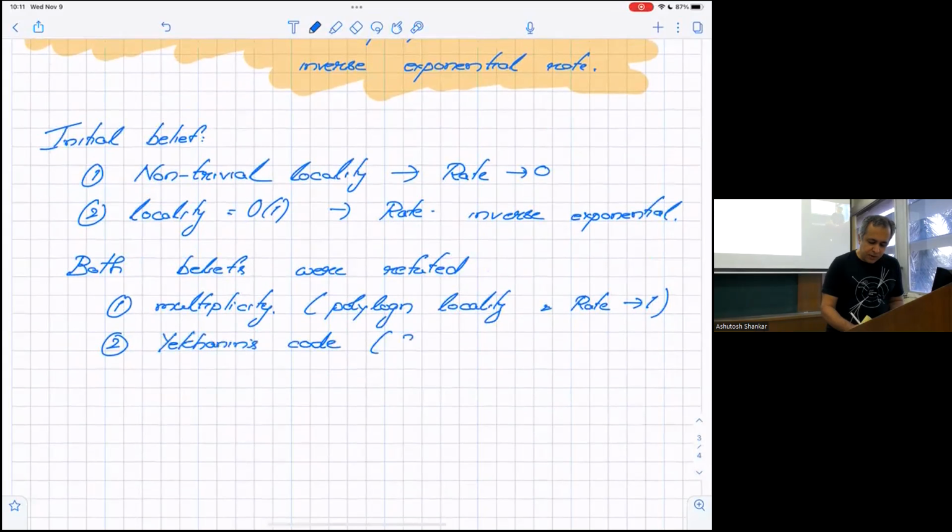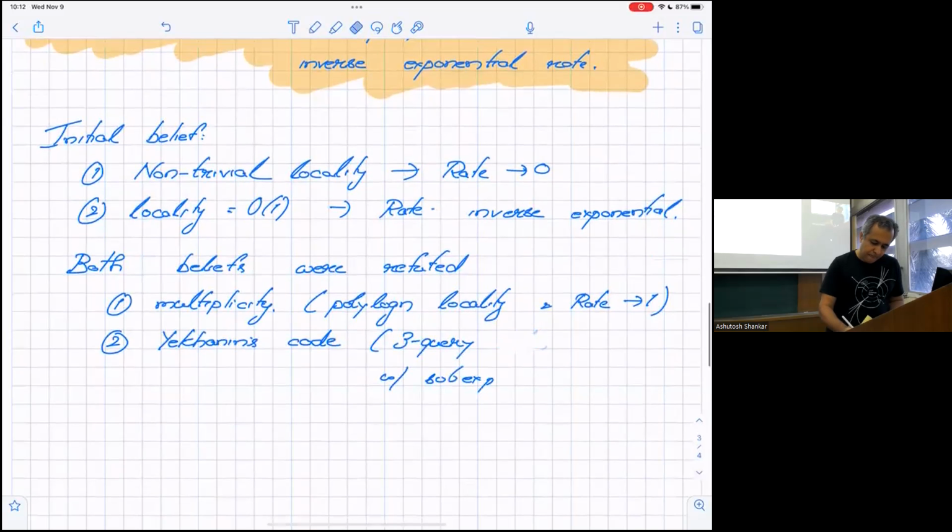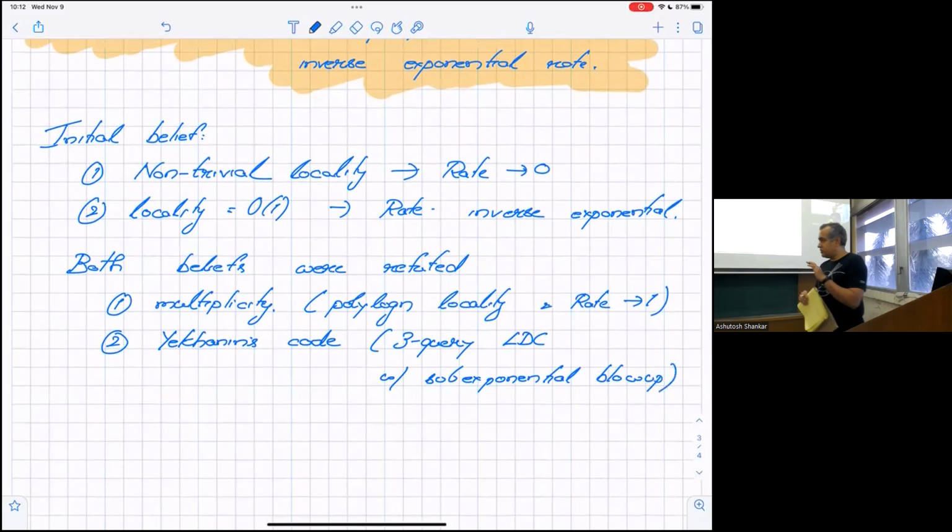He showed that there are 3 query LDCs with sub-exponential rate, meaning inverse sub-exponential blow up. So it's not all the way, it's not inverse polynomial either, but it does give you an inverse sub-exponential rate.